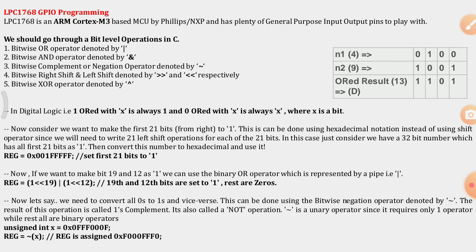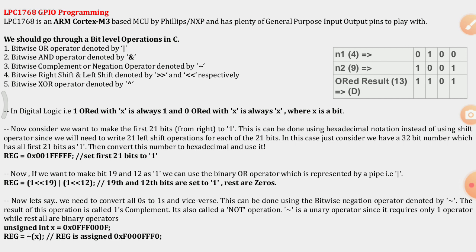Now if we want to set a bulk number of bits, then directly register is equal to 0x001ff. But we don't want a bulk number of bits to be set. Instead we want a particular bit to be set to 1.